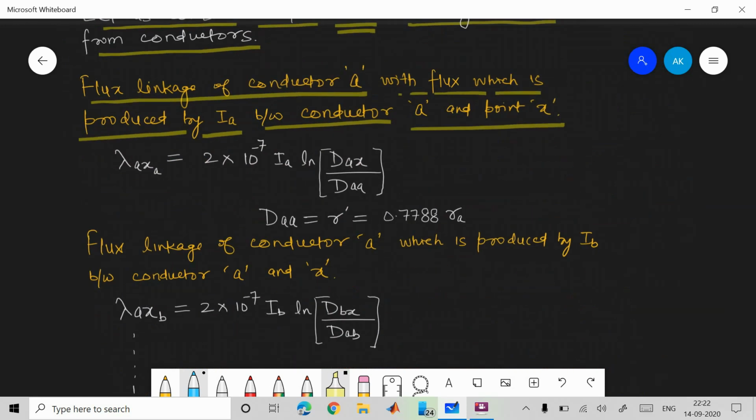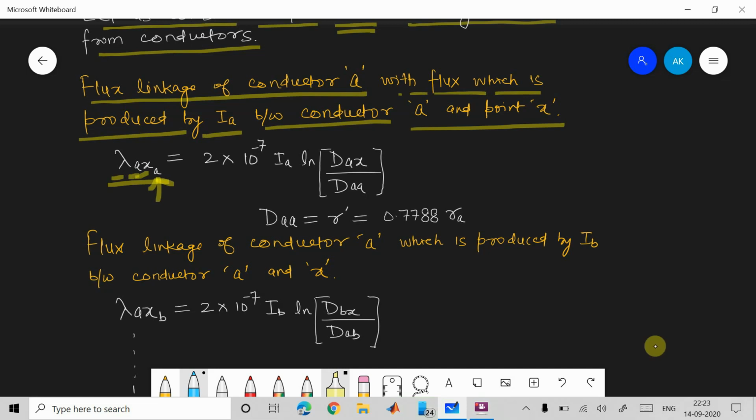So you can see here lambda AXA. Lambda AXA means the flux linkage of conductor A to the point X because of the current in the A conductor only, meaning IA current.